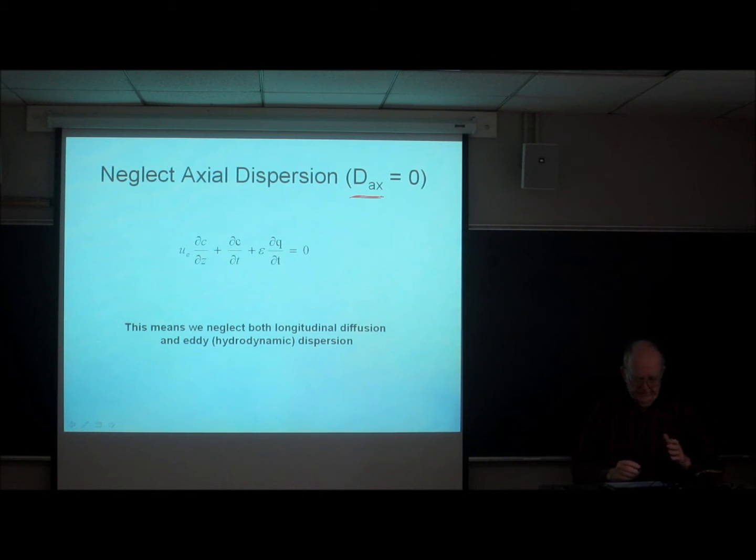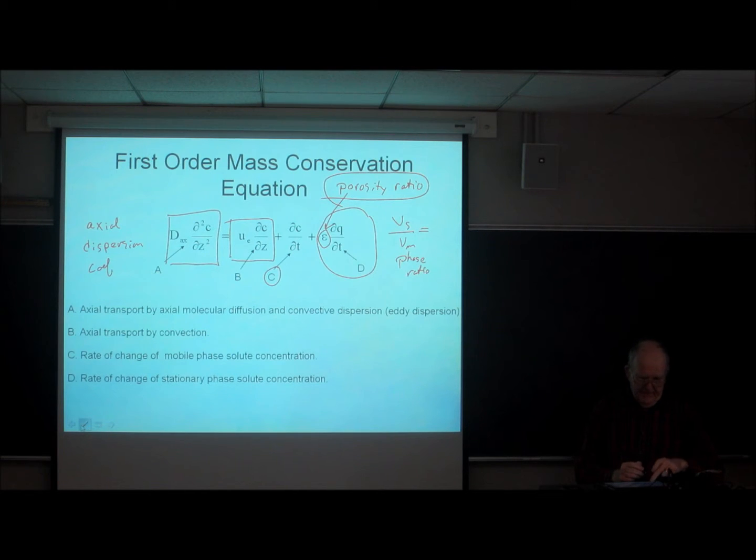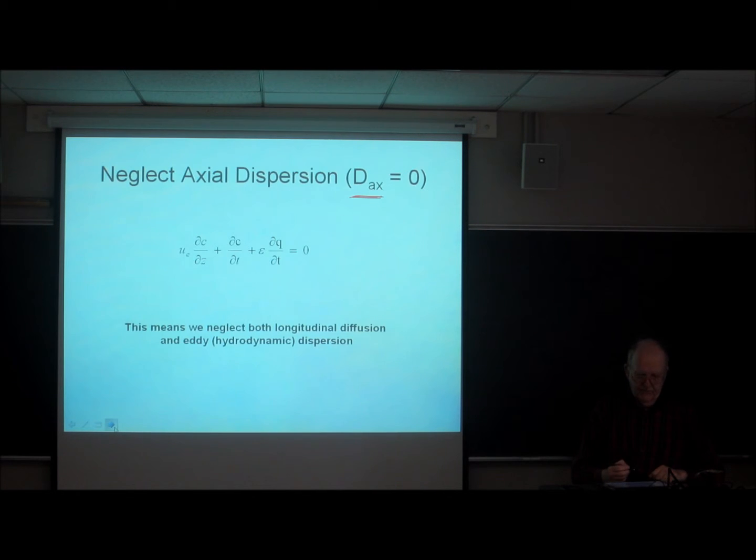And so this term disappears, it becomes 0, and that greatly simplifies the problem because we no longer have a second distance derivative to deal with. So we're neglecting both longitudinal diffusion and eddy or hydrodynamic dispersion along the axis of the column.